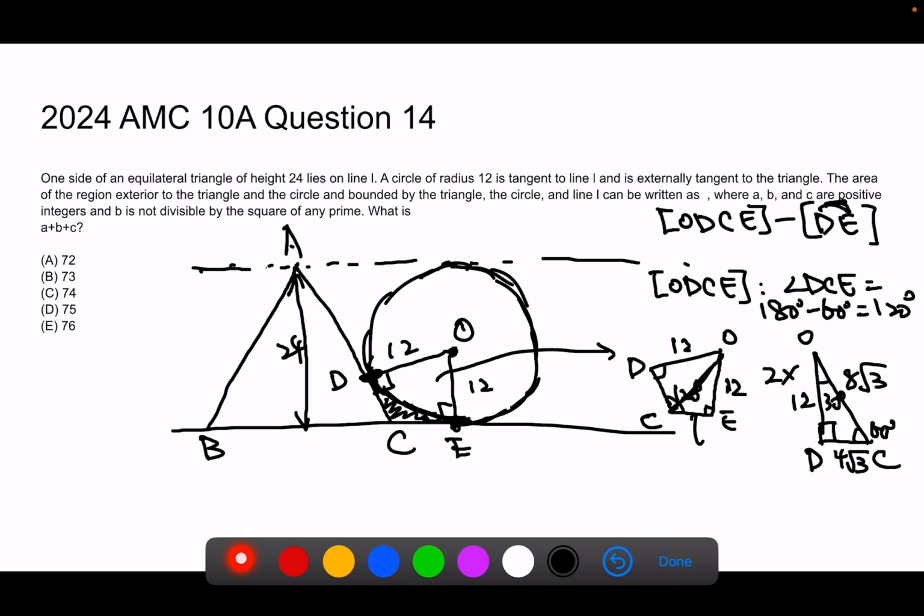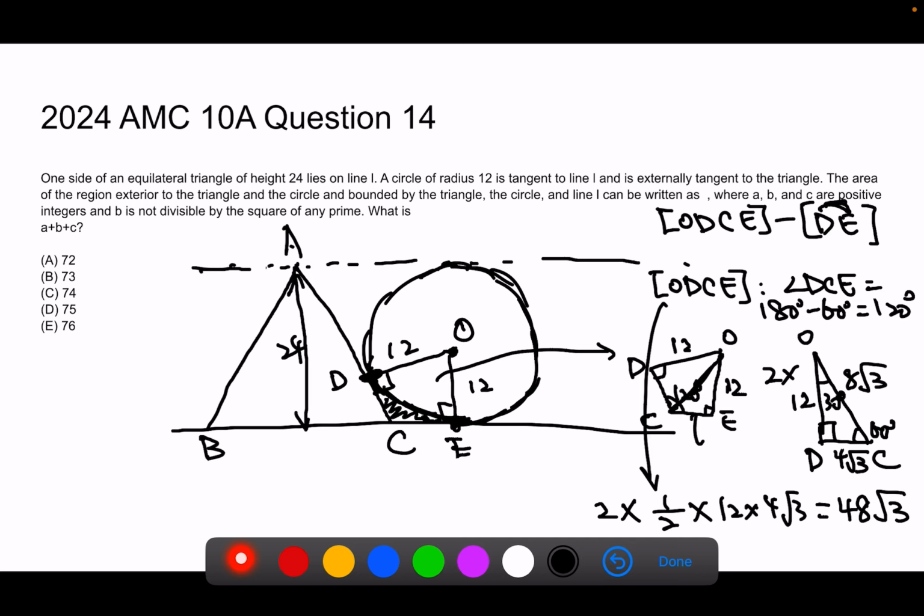And then you can find ODCE's area is 2 times ODC, the area, half times 12 times 4 root 3. So it's 48 root 3. Okay, that looks good. That's sort of your A root B part, right?